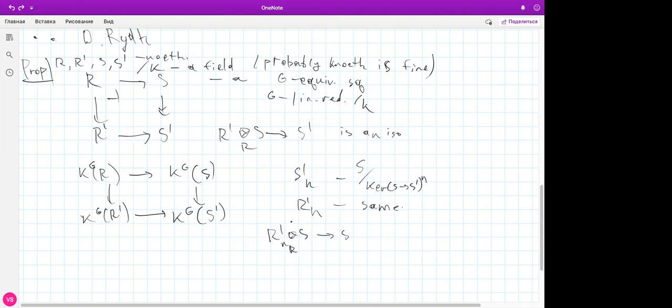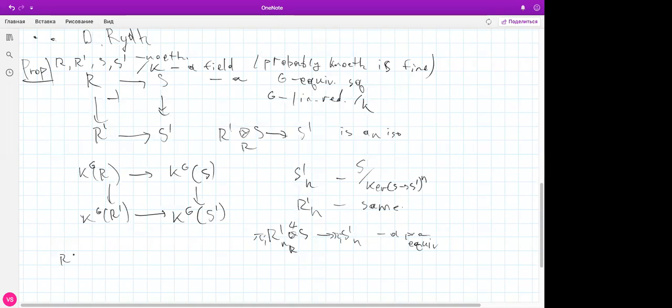So this is a derived thing. And another thing you want to ask for is the same for pullback. You don't want to consider strict pullbacks.